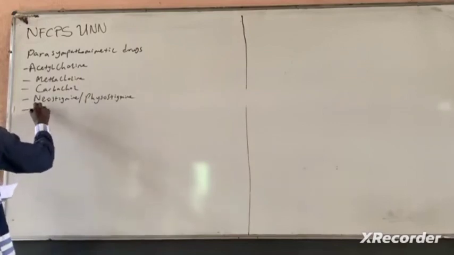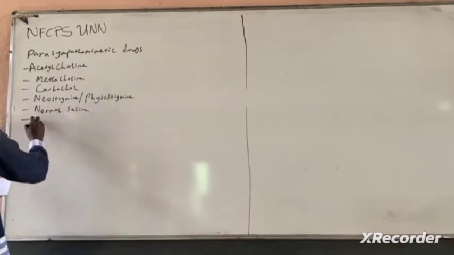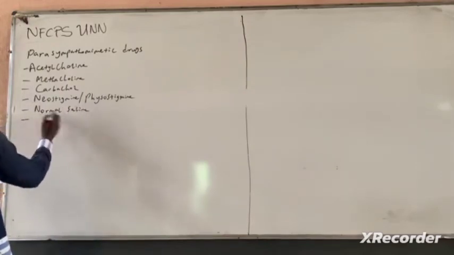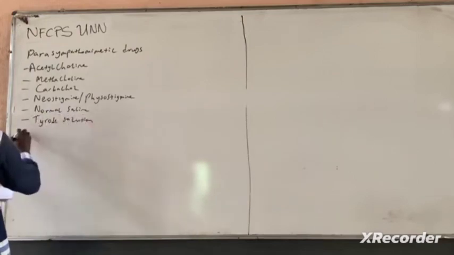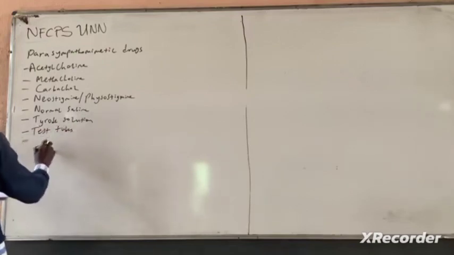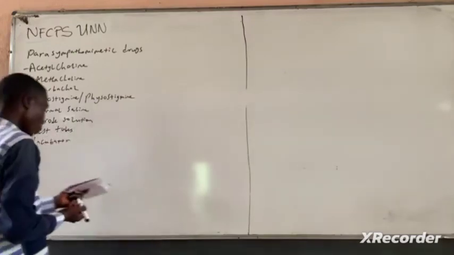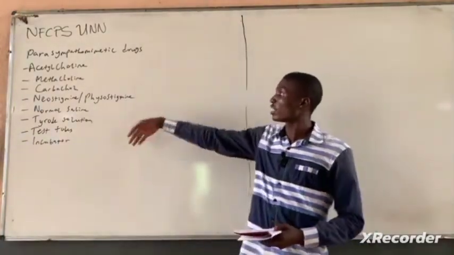Then you'll be provided with normal saline. You'll be provided with the guinea pig ileum physiological solution. Let me just list them out and then tell you exactly what you are working with in this particular experiment. Test tubes, incubator, and so on and so forth. But our focus in this particular discourse is with regards to the drugs.